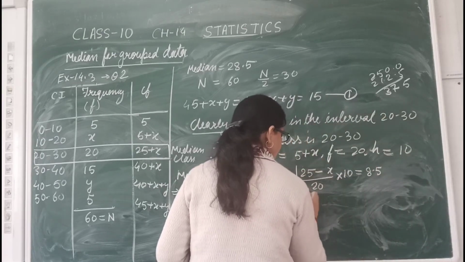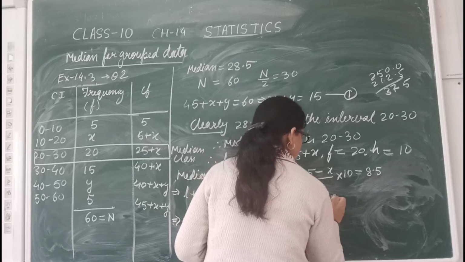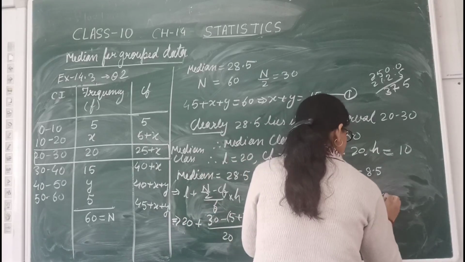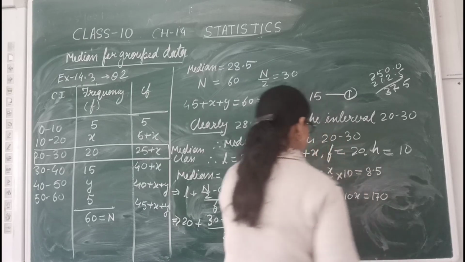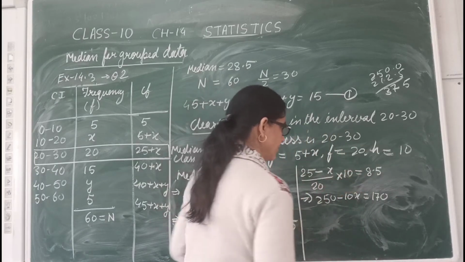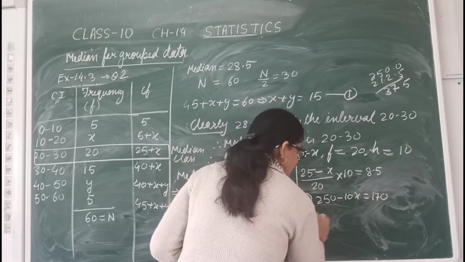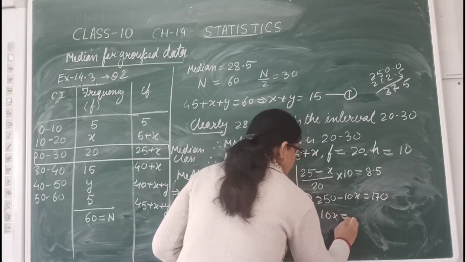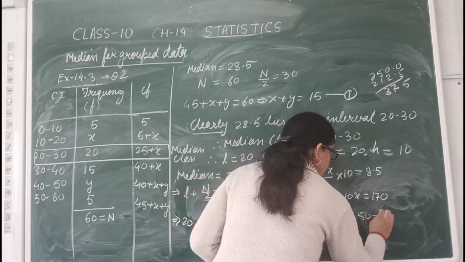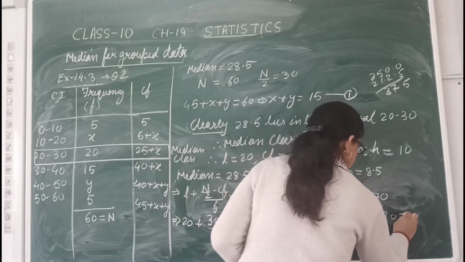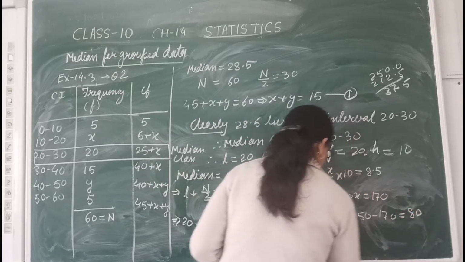So this implies 250 minus 10x equals 170. 20 into 8.5 is 170. Correct? Yes. Now this implies 10x equals 250 minus 170 equals 80.